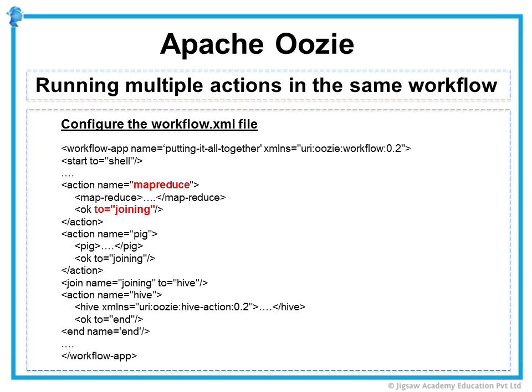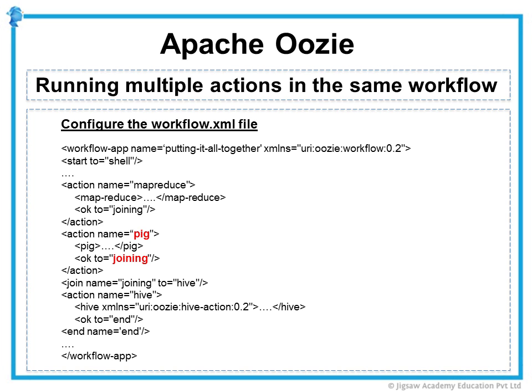So remember, we mentioned that only if both the execution paths, or all the concurrent execution paths, are complete, only then will it take us to the next action. So now if the MapReduce job is completed, it will send the control to the joining node, but then it will have to wait till the other concurrent path, which is the Pig job, also completes.